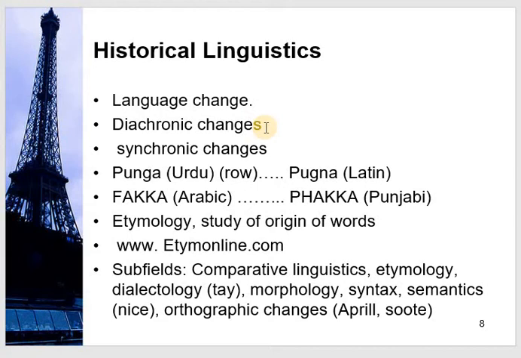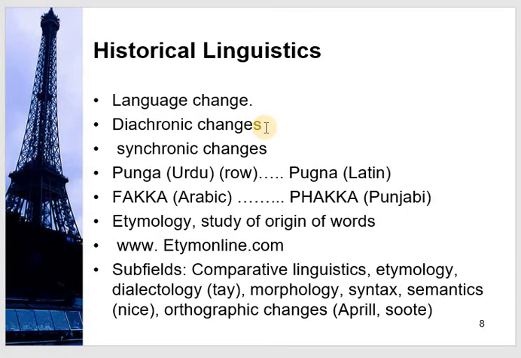For example, the internet was introduced after 1992 in Pakistan. Rather, you can say that it became so common after 1996. So if I want to observe 1996 to 2016, a 20-year time span, how has language changed?